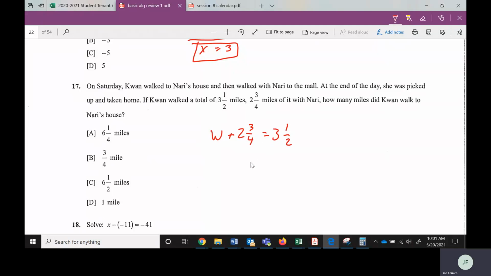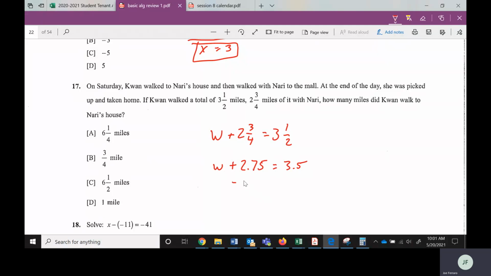Okay, so again, you could do this with fractions. If not, change it to decimals. This is easier. 2 3/4. Hopefully, you know 3/4 is 0.75. So 2 3/4 would be 2.75. Again, if you didn't remember that, take 3 divided by 4. Gives you 0.75. 3.5. Again, probably should know that's 3.5.